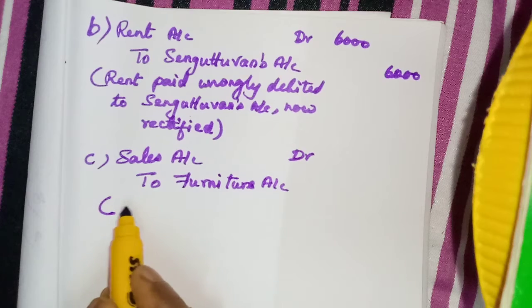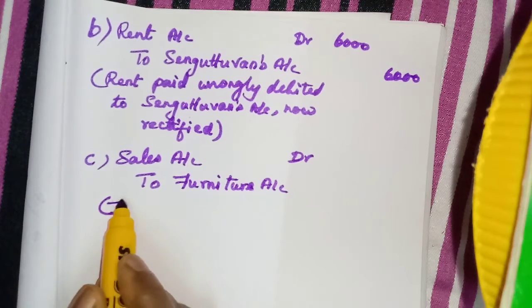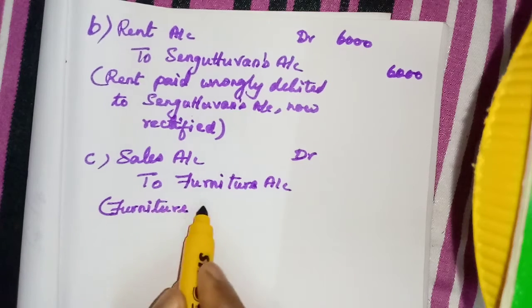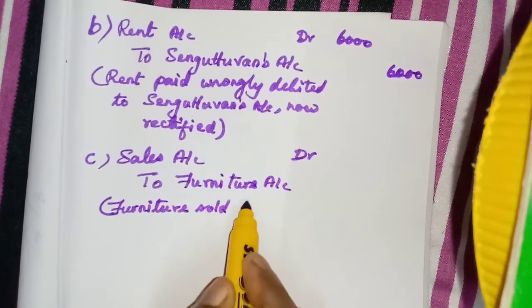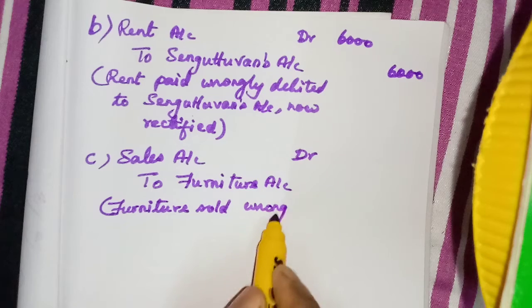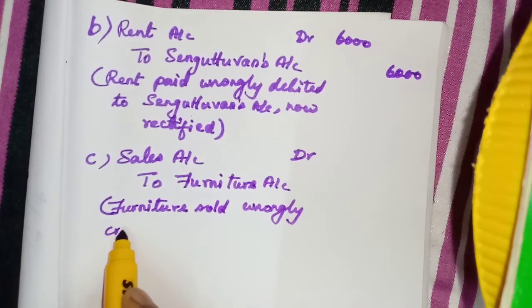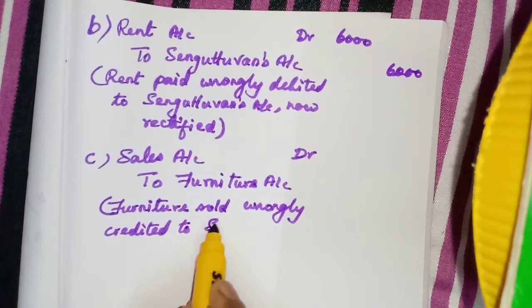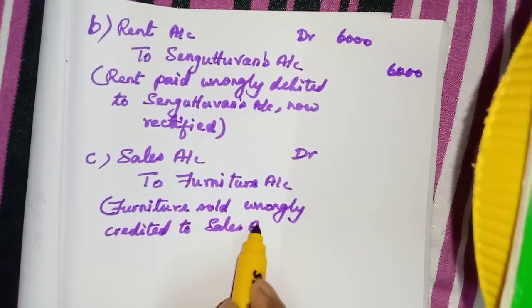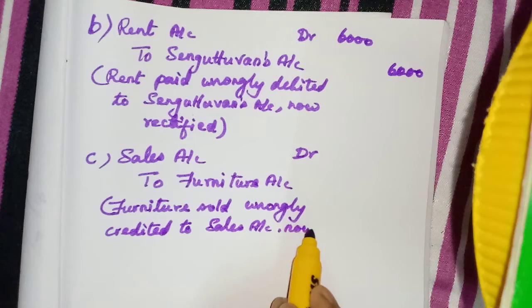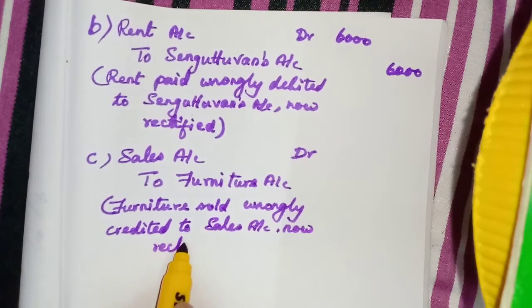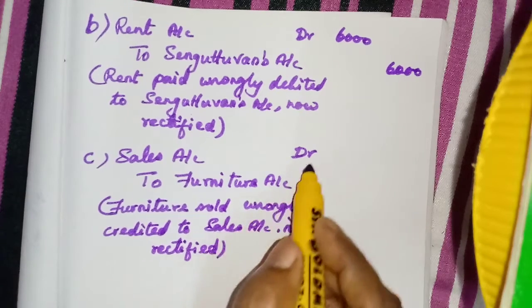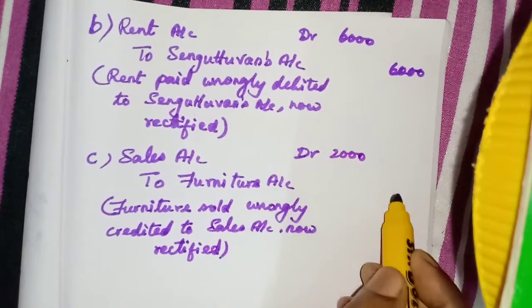Furniture sold, wrongly credited to sales account, now rectified. Amount 2,000.